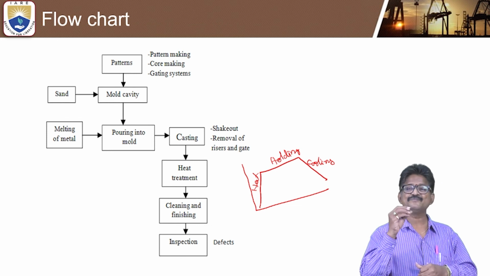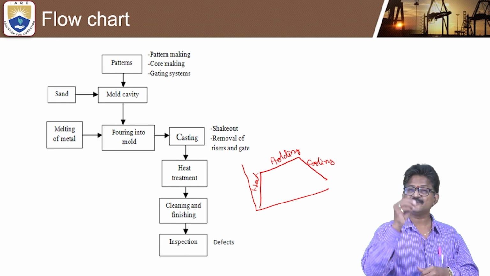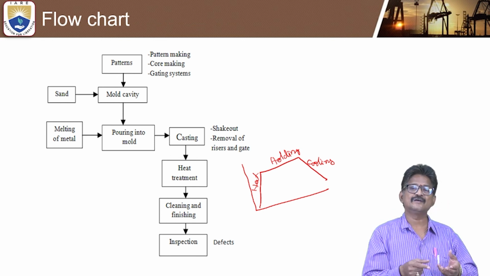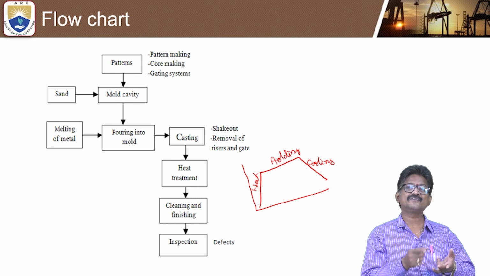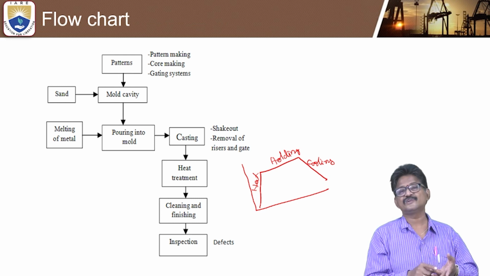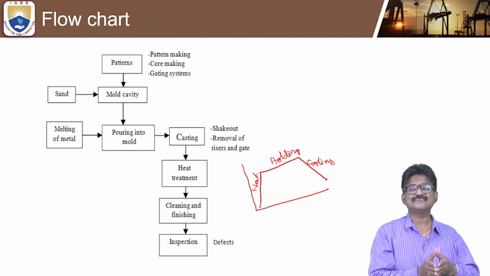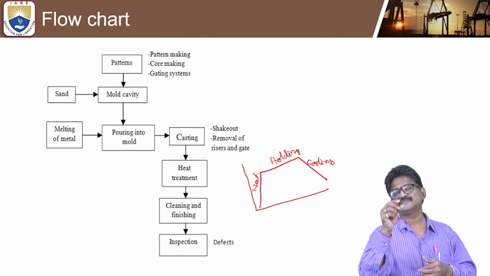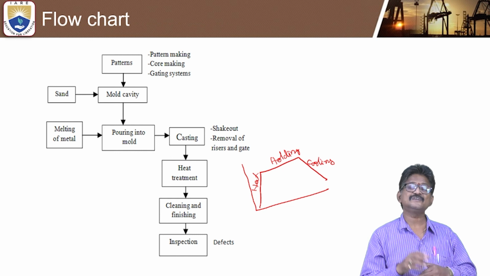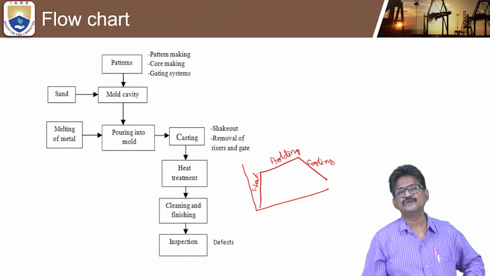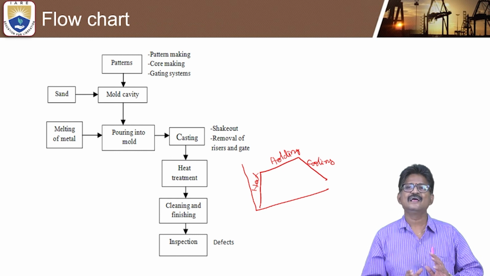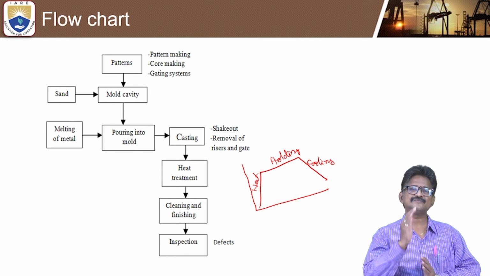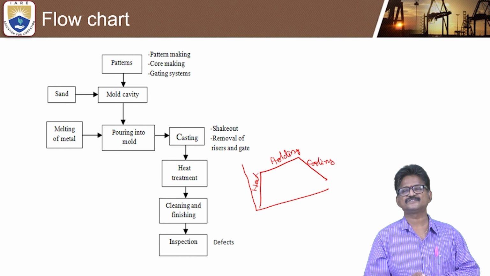These can be identified, and why they occurred, based on difficulties in the pattern, problems in the mold cavity, or pouring the molten metal. So this is the general idea about the complete metal casting process using the series of steps of this flow chart.